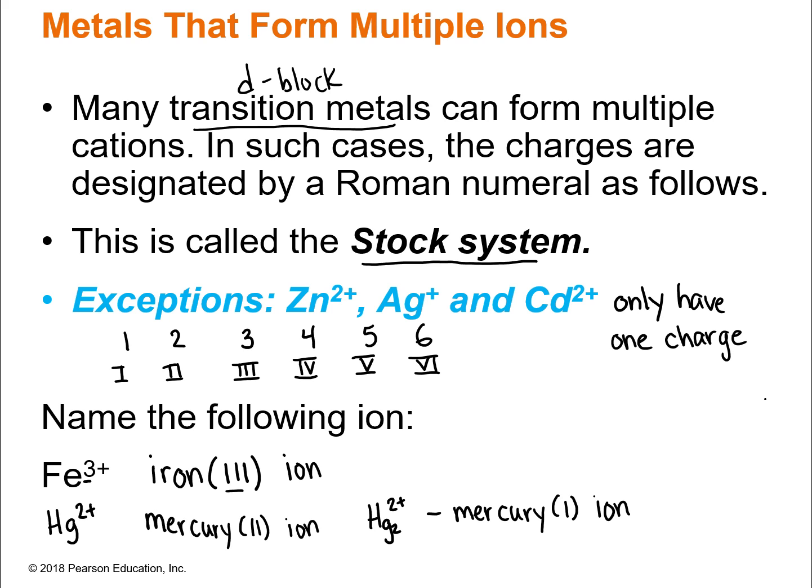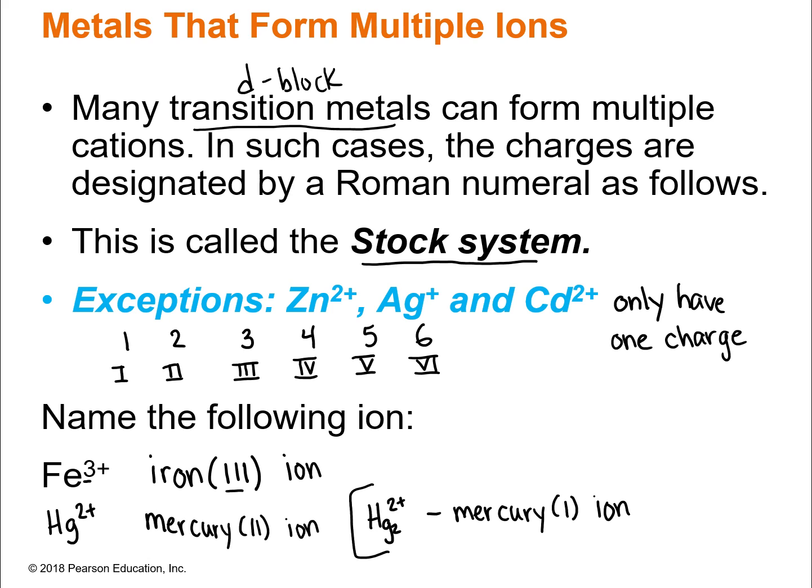You don't see mercury 1 just alone. It's always Hg2 2+. That is its ion. So whenever you see a compound that has mercury 1 in it, it's got 2 mercury 1 atoms. This is just a weird little exception that I wanted to introduce you to. So make sure that you know that.